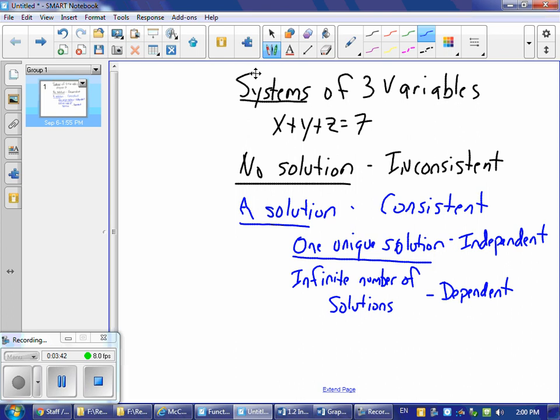So an infinite number of solutions is dependent. Not to be misconstrued with anything will work, because it won't. But there will be an infinite number of solutions. And again, we'll show this graphically as well as algebraically. All right, so let's get right to some examples here.